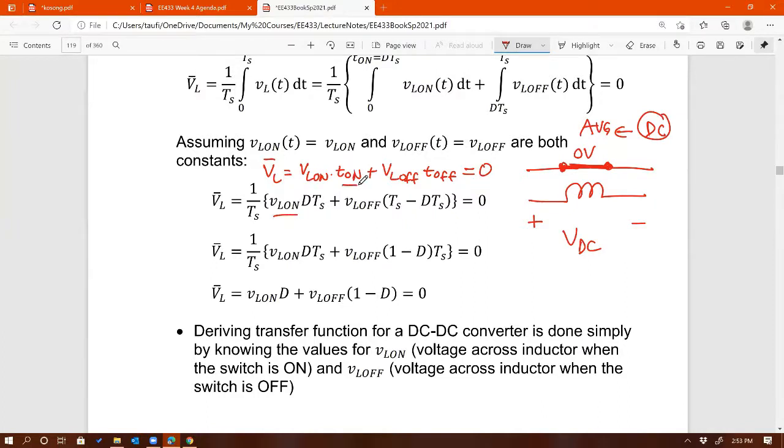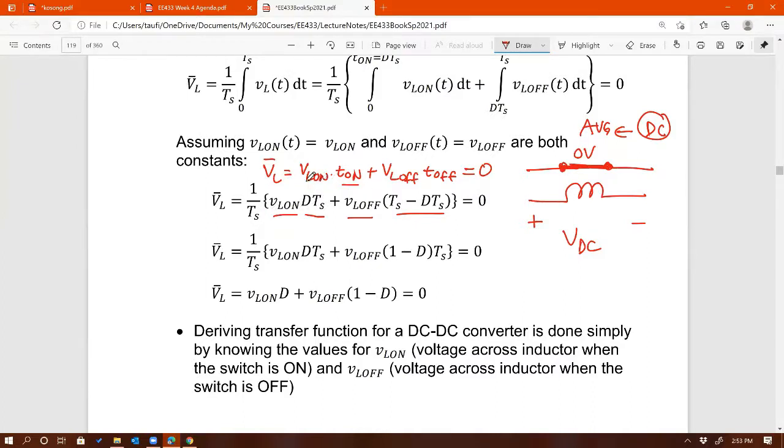What is T on? In the previous page, I derived that T on is equal to D T, wasn't it? So VL on D T, and then VL off T off, that's VL off T off right there, 1 minus D times T, equals 0. Then when you average it, the T cancels, right?